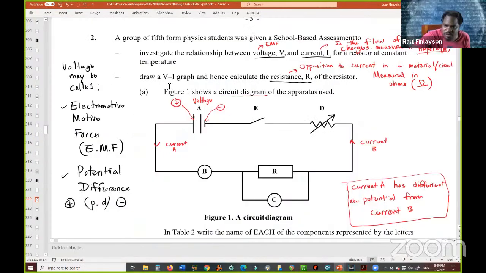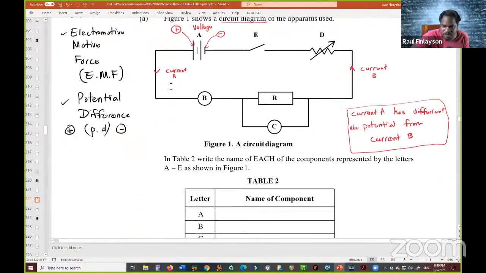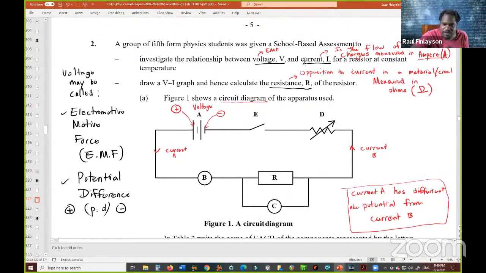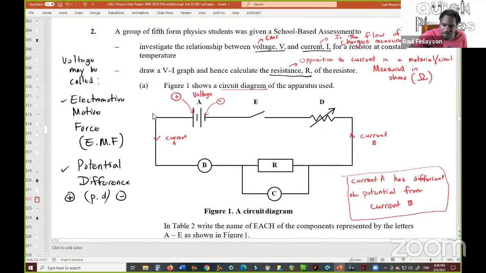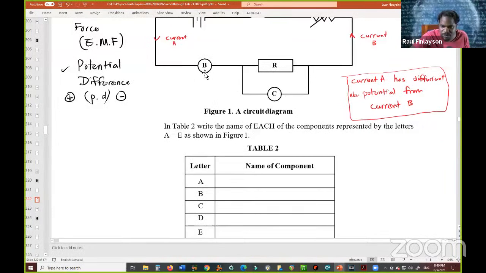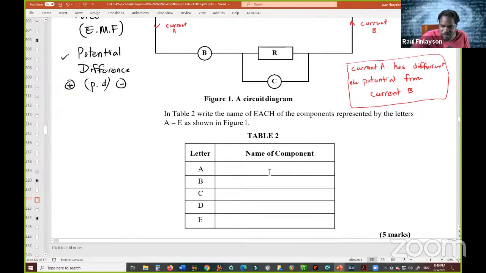Yeah. So this actually was a Paper 3, so a lot of concepts come in here. The things underlined here are still important, the current, the voltage, and so on. But the circuit symbols, they will ask about it. They ask you down here what type of component is used.